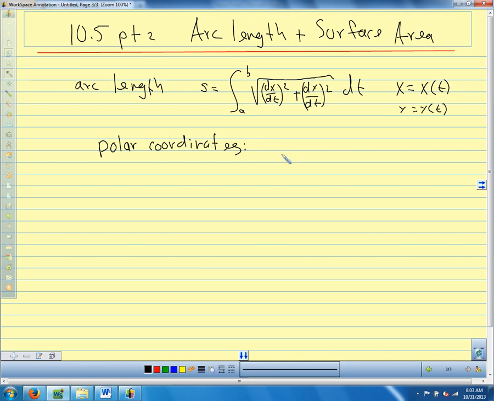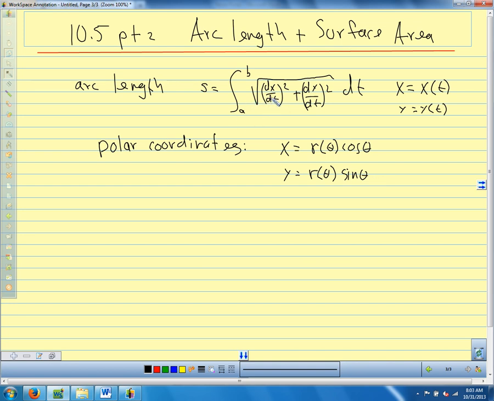We're going to substitute x equals r cosine theta, and r is a function of theta, so I'm going to say r of theta cosine theta, and y is r of theta sine theta. And then we're just going to substitute that into this expression.